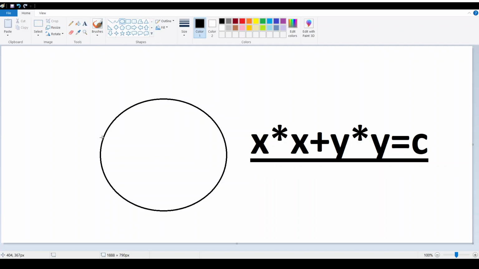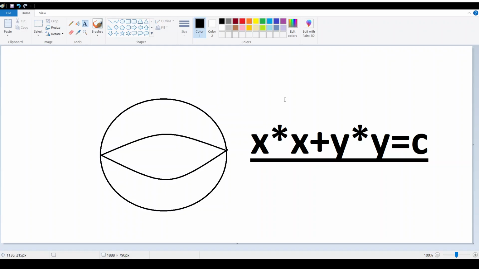Now, if we did well, and also, now we have a two-dimensional thing of spherical.